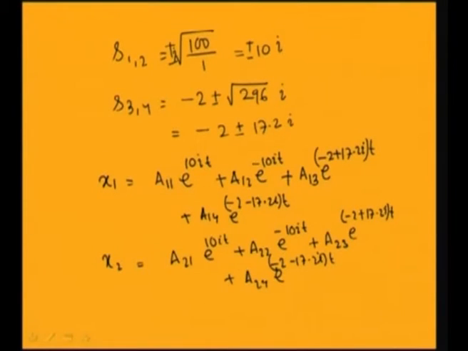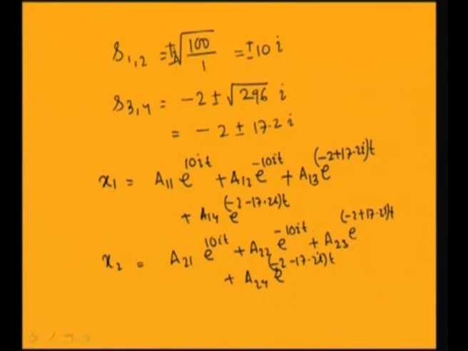Also, a11, a12, a13, a14 and a21, a22, a23, a24 can be obtained from the initial conditions. You have 4 initial conditions, the displacement and velocity of masses 1 and 2, but you have 8 unknowns. Out of these 8 unknowns you have 4 equations, and also a1i and a2i are related.